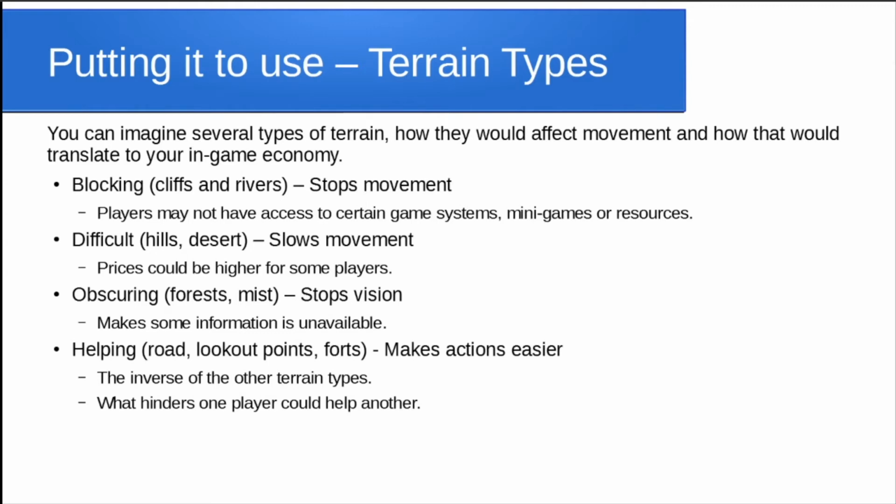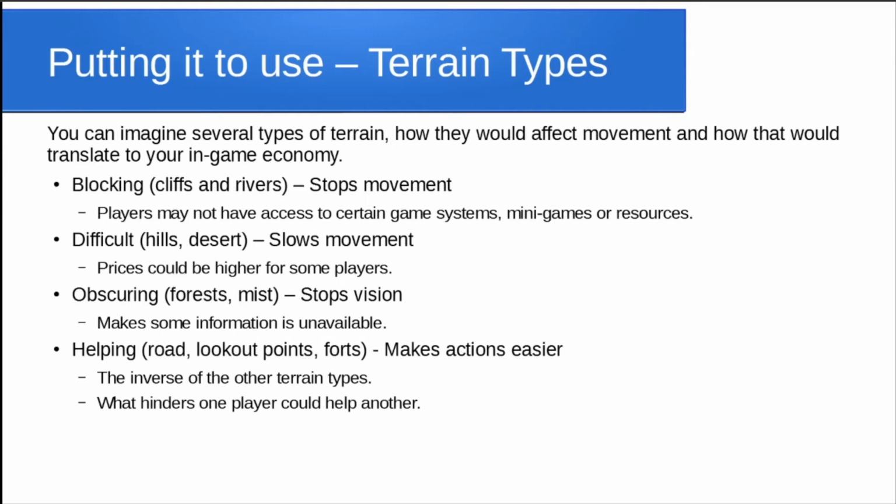That's sometimes a bit risky, but difficult terrain is another thing. Hills and deserts and the like slow down movement. If some people get a discount and some people don't on prices, that creates difficulty moving in areas that apply to players. Obscuring terrain: maybe some people just don't know something. Maybe you're not allowed in a room, or you're not allowed to look at a certain map, or you're not given certain briefing information.